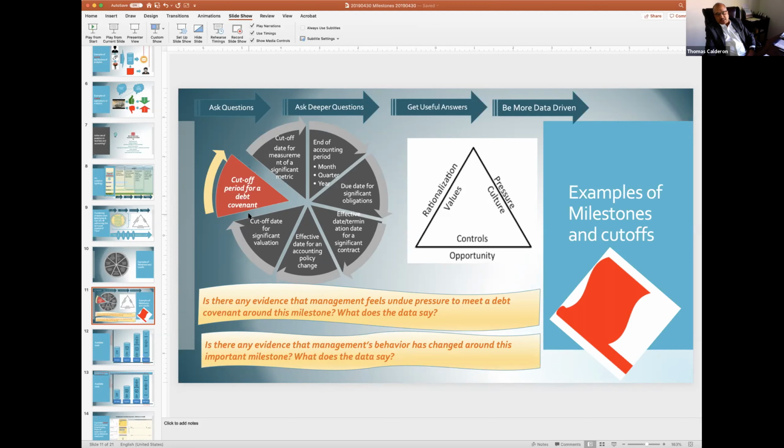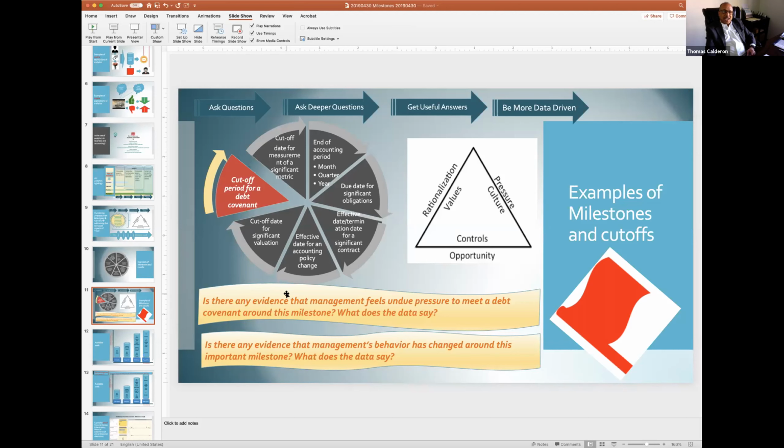So we have a cutoff period for measuring a debt covenant, and we are interested in the question, is there any evidence that management feels undue pressure to meet a debt covenant around this milestone?